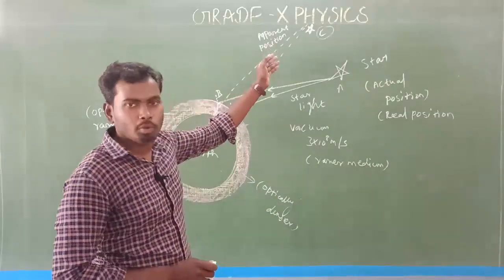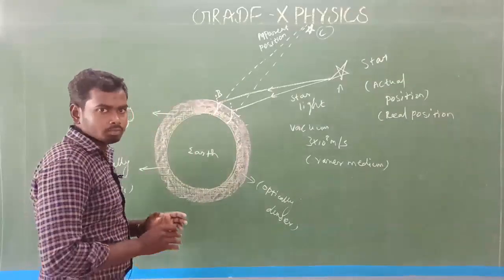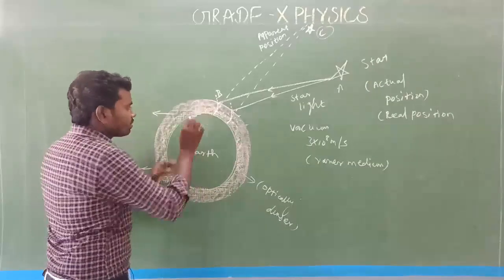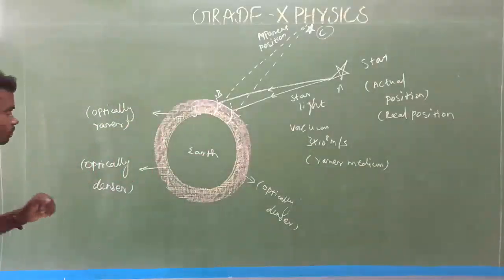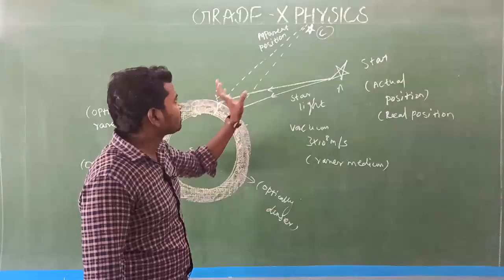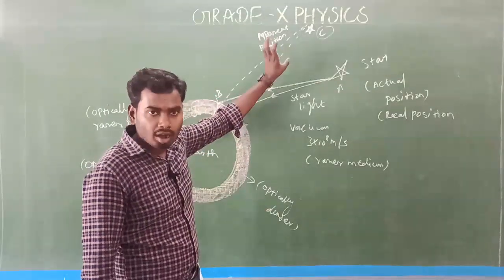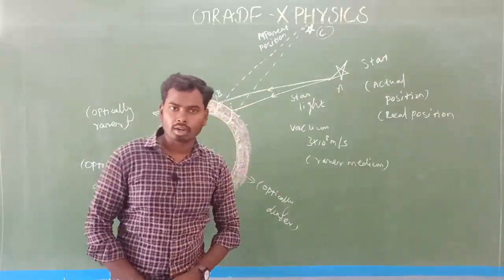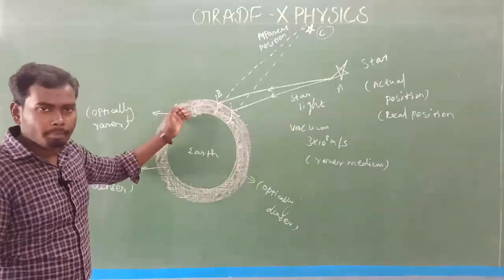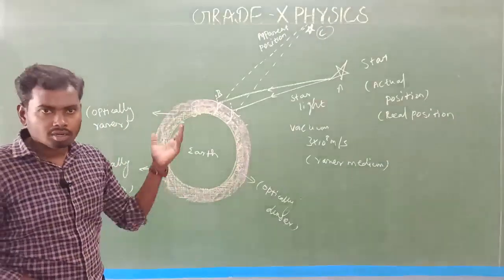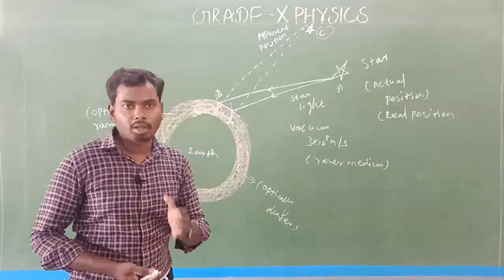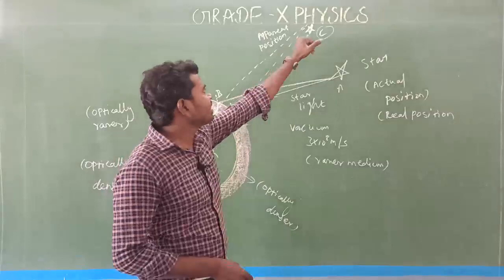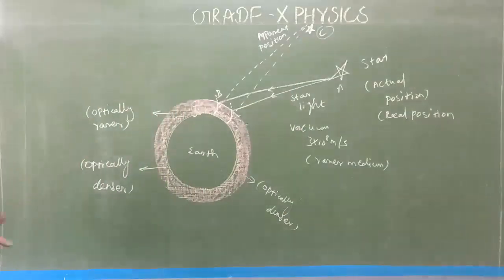That is the apparent position C. If we observe the starlight from the Earth's surface here, we can see the apparent position of the starlight, not the real position, because refraction happens in the atmosphere, due to which we are able to see only the apparent position BC of the star.